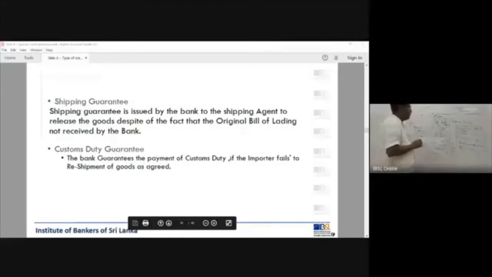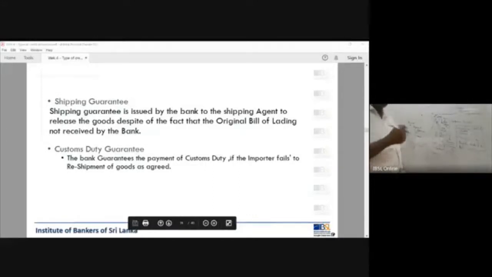So Bank of Ceylon can cancel the ownership and tell the shipper, issue a direction to the customs: based on these copy documents, you release the goods, right? That kind of guarantee is called a shipping guarantee.